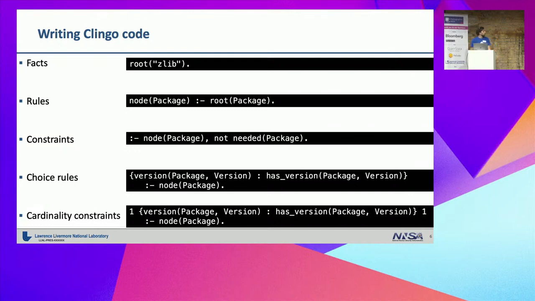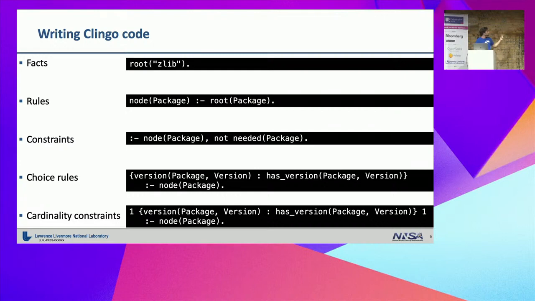So what does Clingo code look like? There's a little bit more than this in reality, but for what we want to talk about, there's really 5 types of statements in Clingo. You've got facts. There is some root package called zlib.